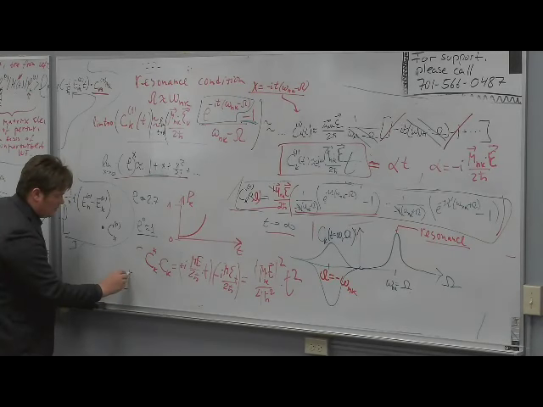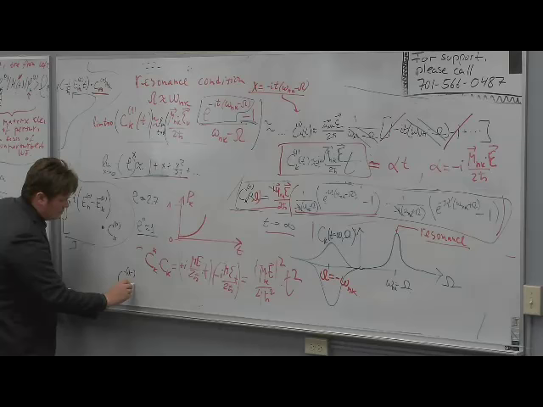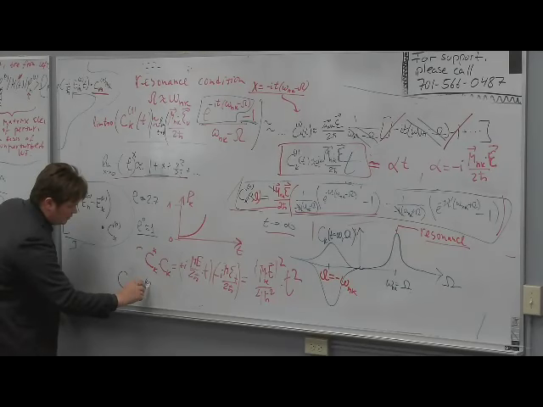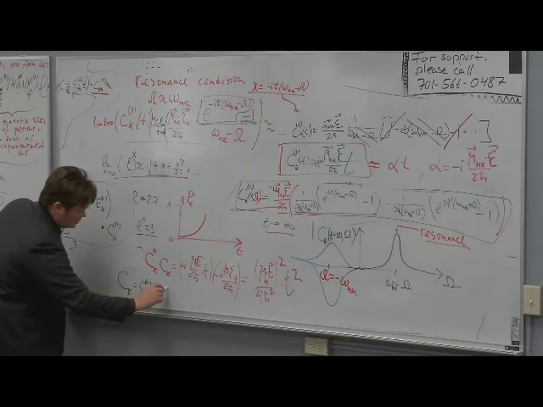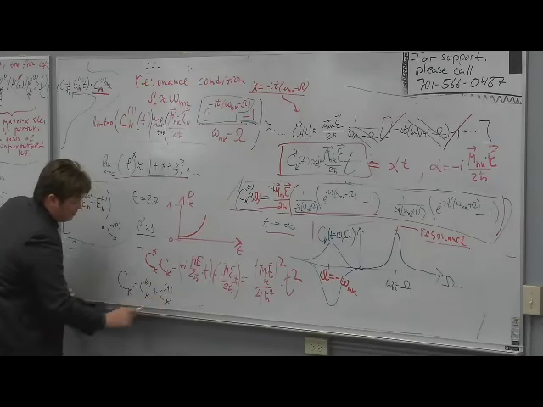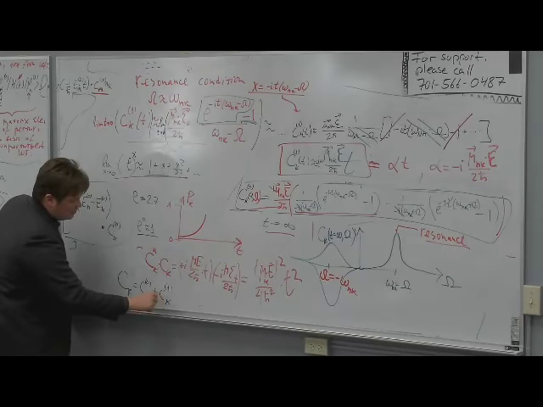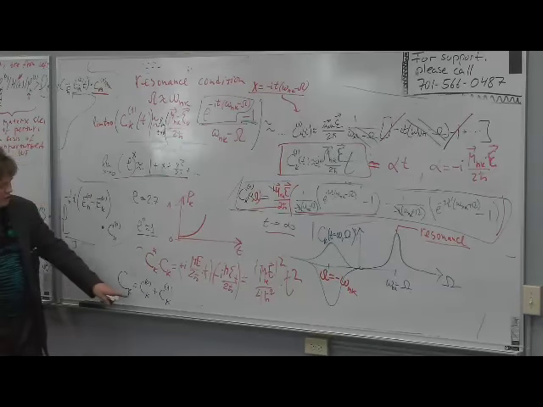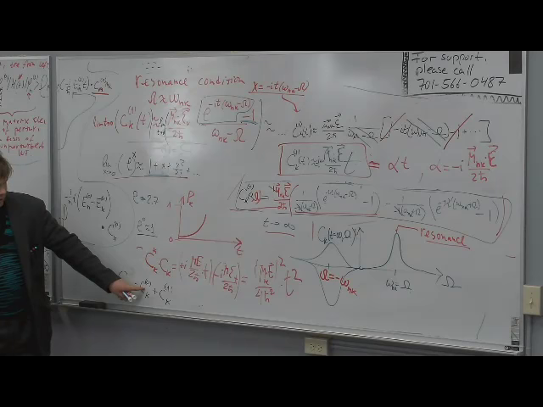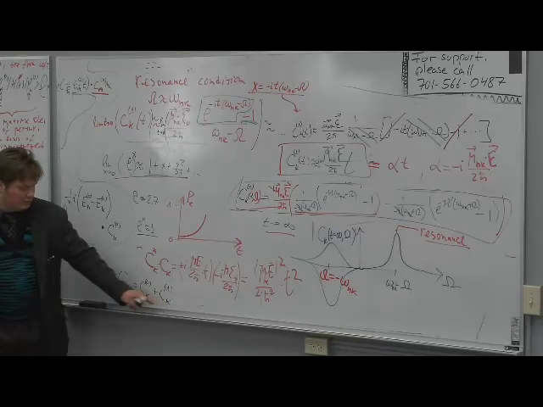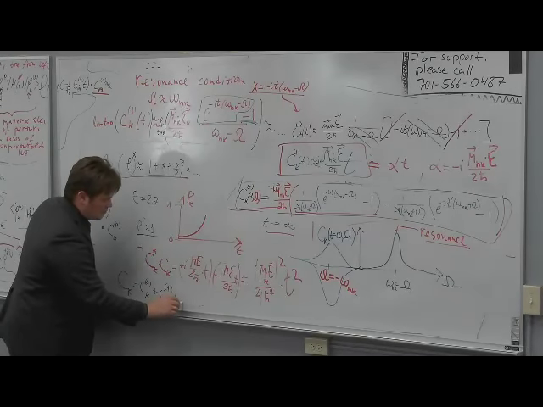So c_k equals c_0,k plus c_1,k. And then due to initial conditions, the first term is 0, and then we need only the first term.